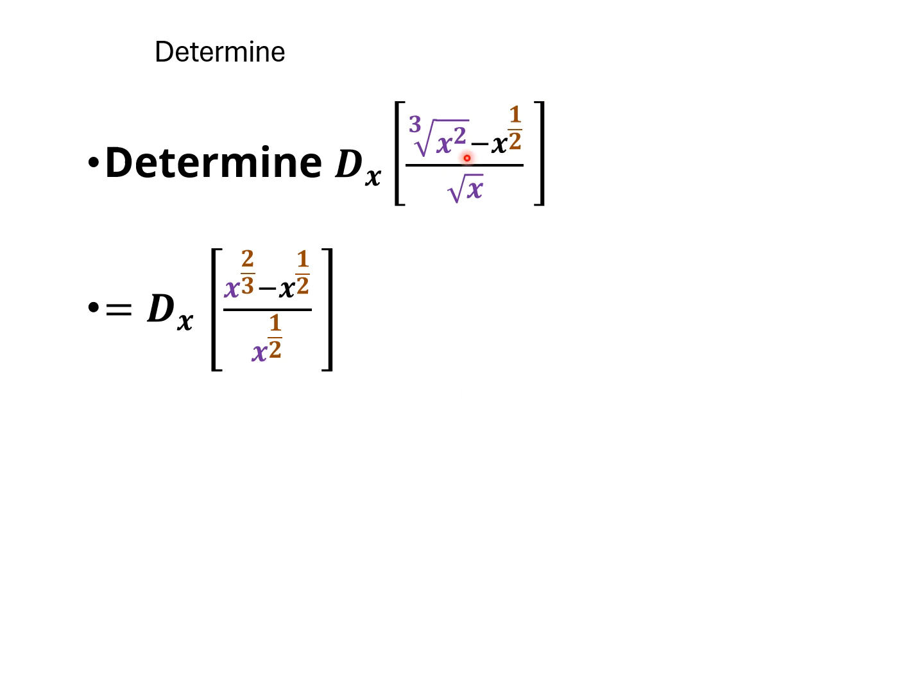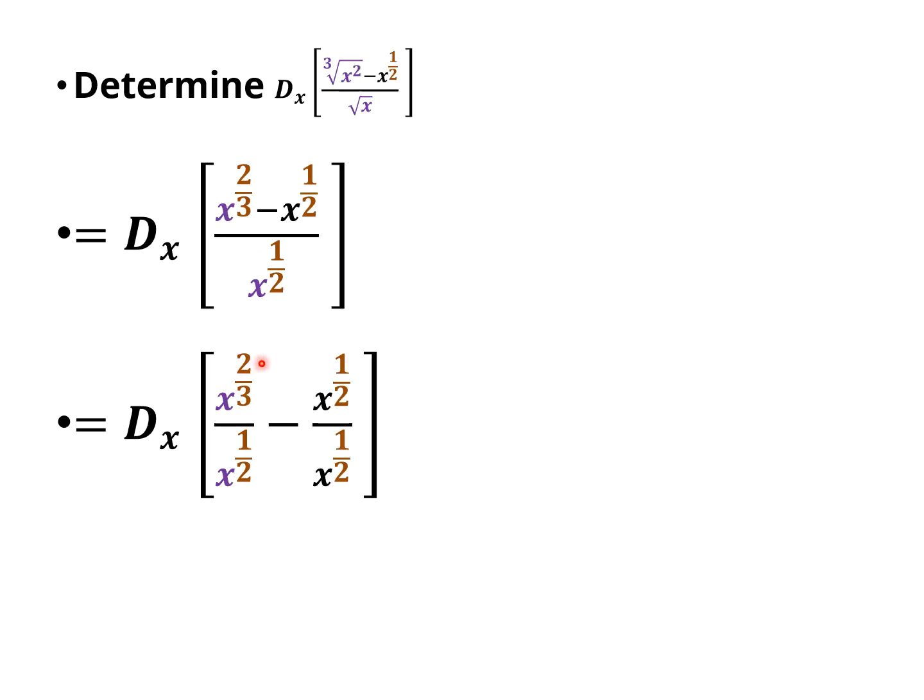So that will become x to the 2 over 3 minus x to the half, over x to the 1 over 2. From there, I can split them: x to the 2 over 3 divided by x to the half, minus x to the half divided by x to the half.